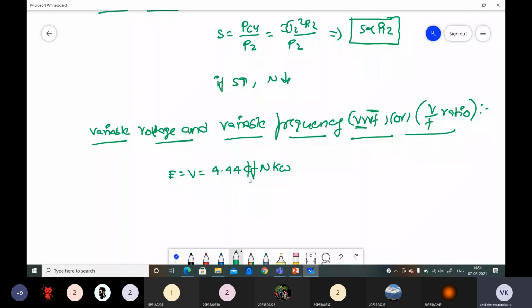For the rotor, it is N2 and Kw2. If you observe this equation, this term is constant, the number of turns is also constant, and the winding factor is also constant for a particular machine. Now, this Φ is directly proportional to V by F.